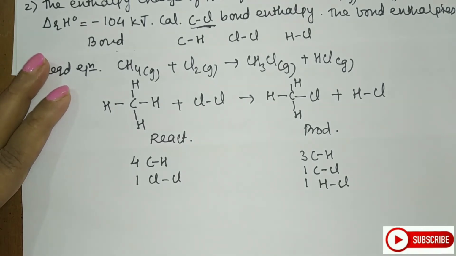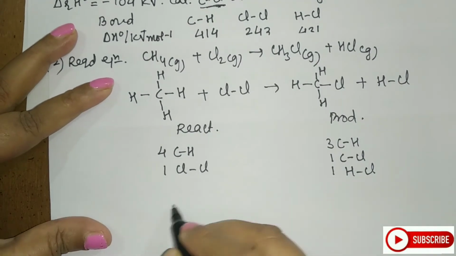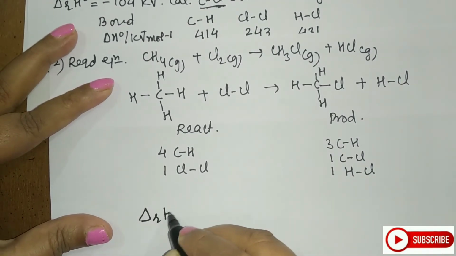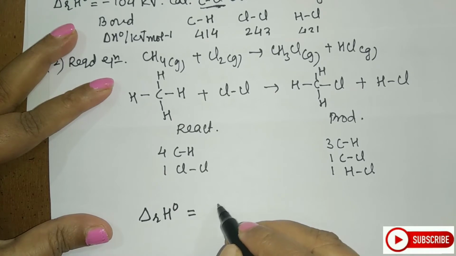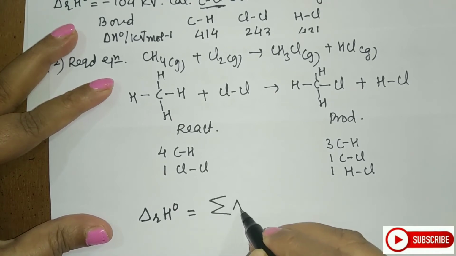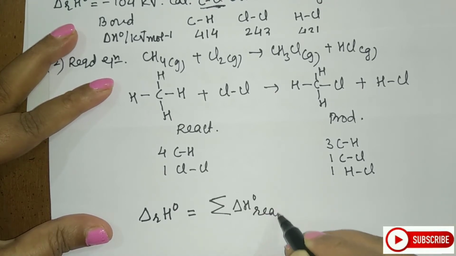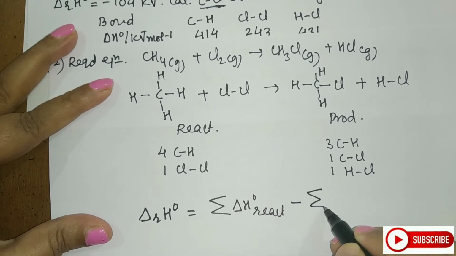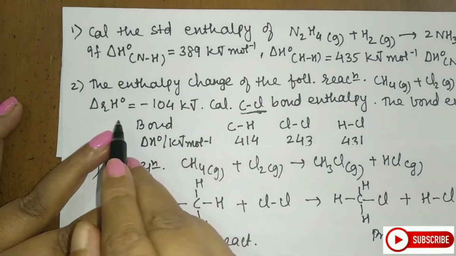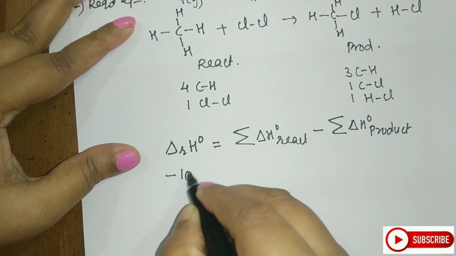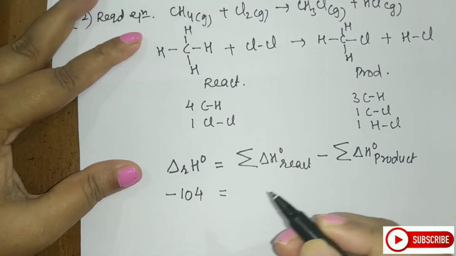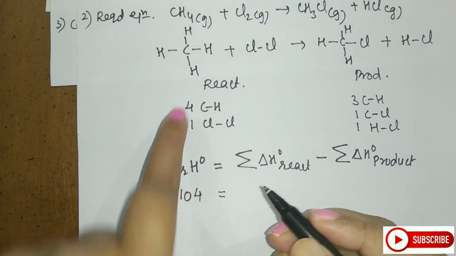Right, students? Let's write the formula. The enthalpy of the reaction is equal to the summation of the bond enthalpies of the reactants minus the summation of the bond enthalpies of the products. Now in the question, they have given the enthalpy of the reaction, so let us substitute it here: minus 104 is equal to. Now you have to write those bonds here.